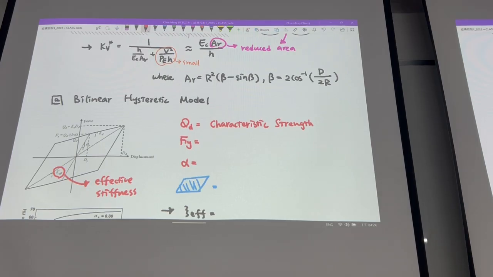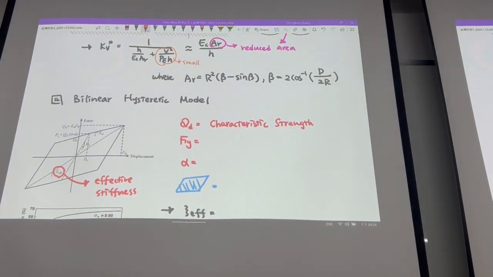So that will give you this number. Then Fy, of course, that's the yielding force.